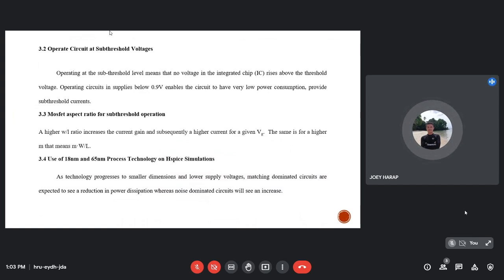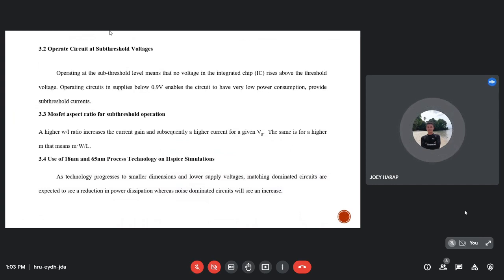Another one to consider is the MOSFET aspect ratio for the subthreshold operation, because it entails that a higher aspect ratio increases the current gain and subsequently a higher current for a given voltage. The same is true for a higher M, that means the multiplier times the aspect ratio.